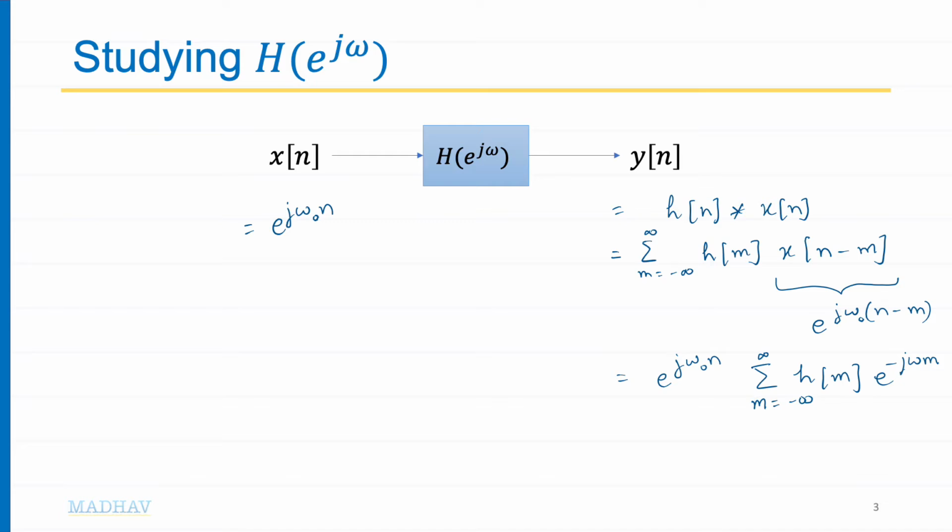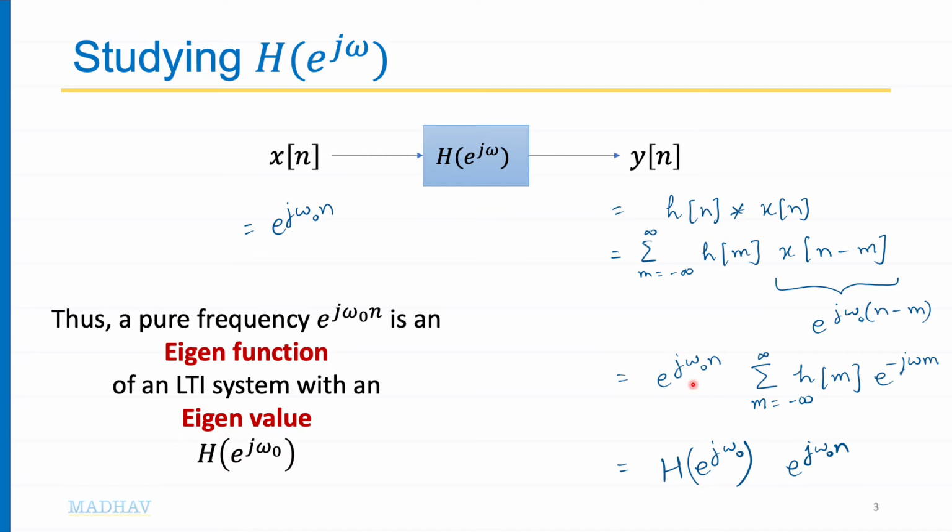But what is this term inside the summation? It is the DTFT, right? So what we get essentially is the DTFT term, which is, mind it, this should be ω0, and so I get H(e^{jω0}), and then this e^{jω0 n} is anyways there.